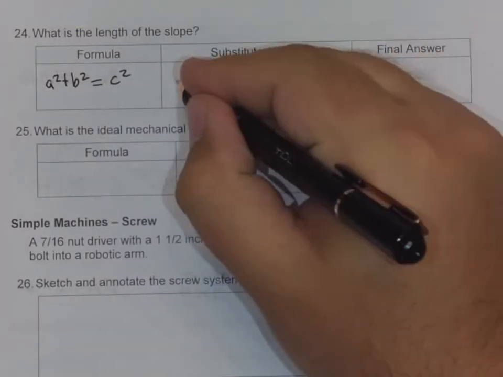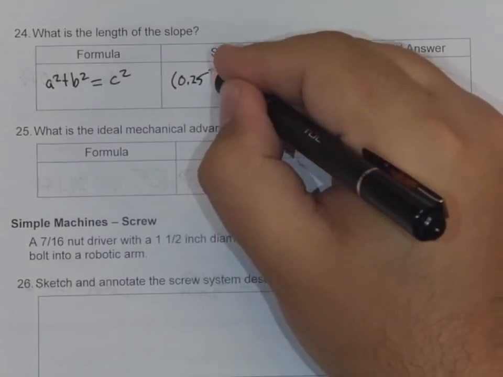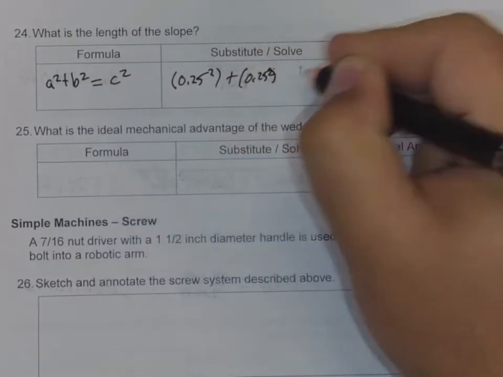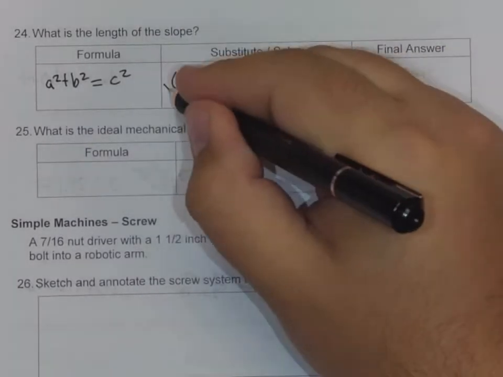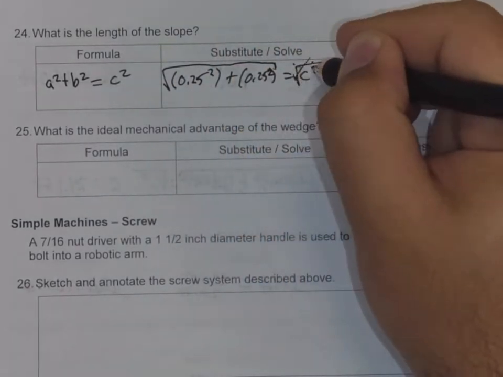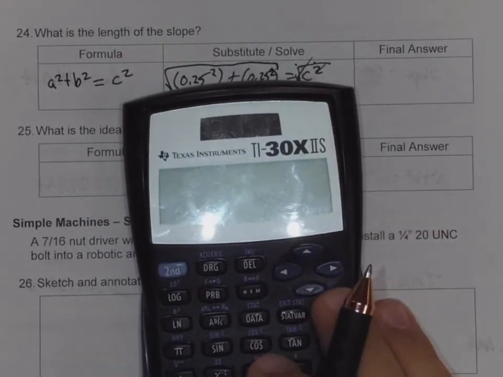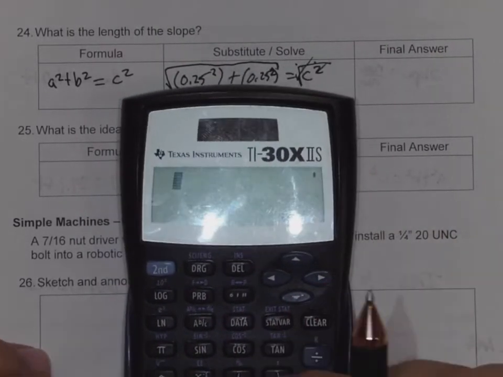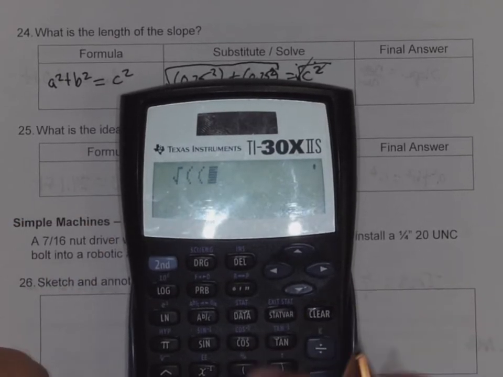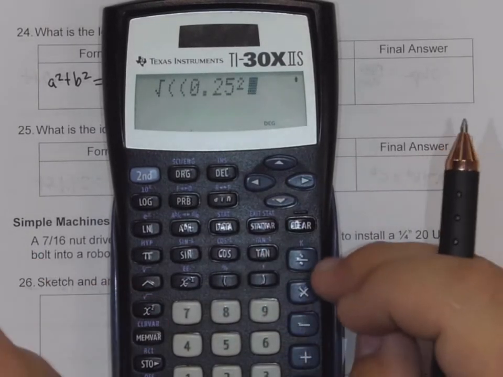As we take a look at that, I'm going to put this in decimal form. 0.25 squared plus 0.25 squared is equal to c squared. I'm going to have to take the square root of this to cancel those portions, and I can use my calculator to help out. So second square root, and another parenthesis so that we're just worrying about squaring those values.